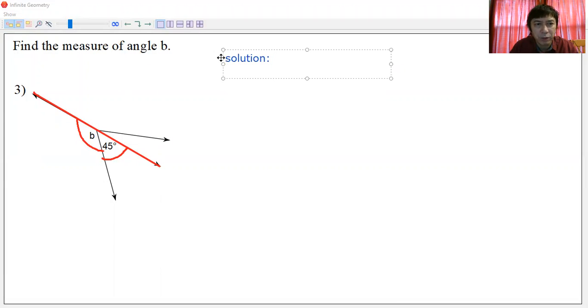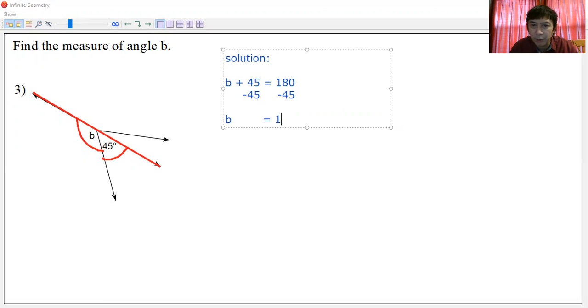We're going to set up our working equation for the solution. Our working equation will be the sum of B and 45 must be equal to 180. This will be very simple. Subtract 45 from both sides. We should already know how to solve linear equations at this point. So the left side will be just the variable B, equal to 180 minus 45.